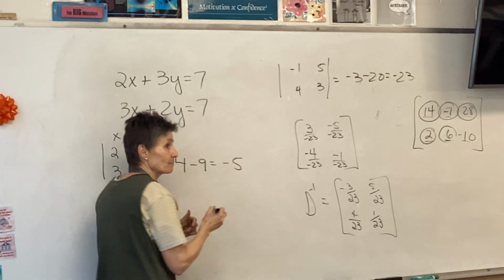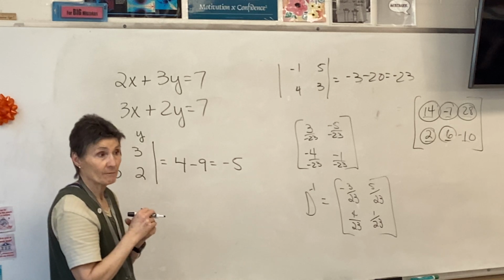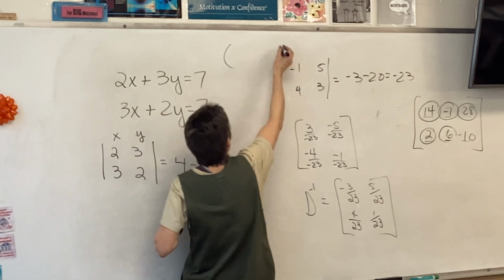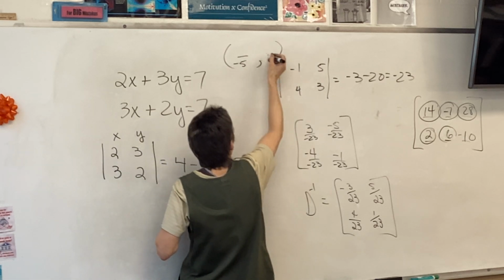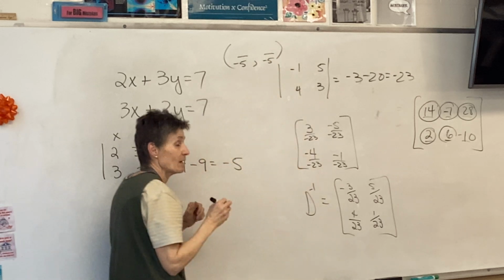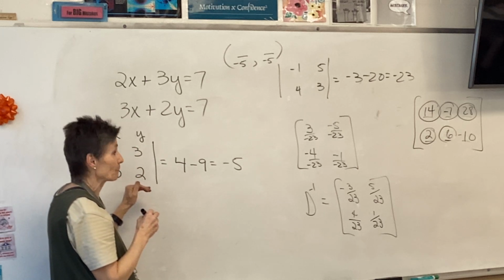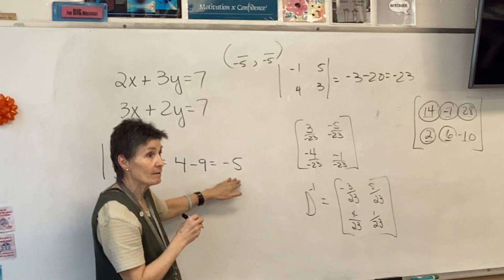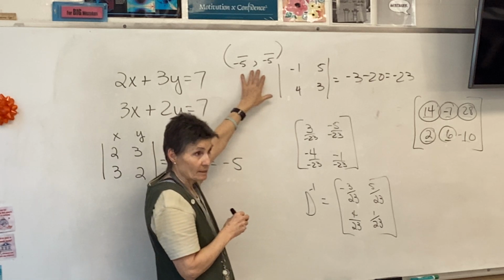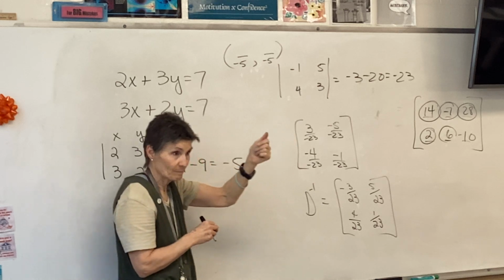It's -5, so this problem's gonna have an answer. -5 is going to become the denominator of my x and y. We just learned this today, so let's be careful here. So whatever your answer is, it's two fractions, and they're divided by -5.